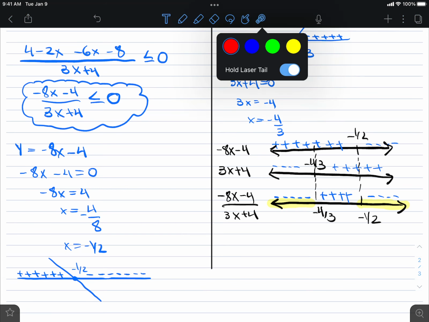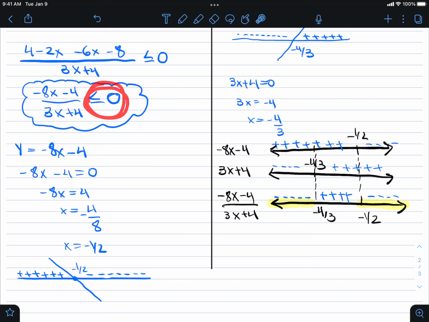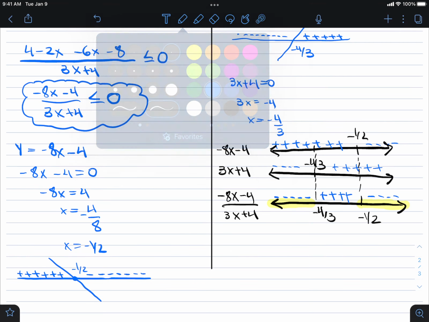Since we have less than or equal to 0, we would be tempted to include both of these endpoints, but in fact we can only include one of them because the denominator of a fraction is never allowed to be 0. So I would be tempted, like I said, to do this and mark down all of that.